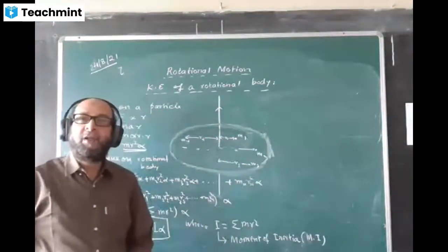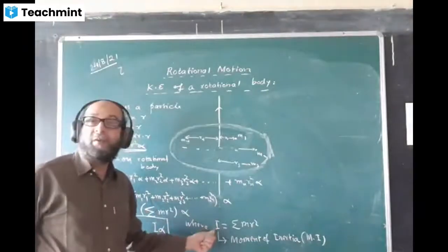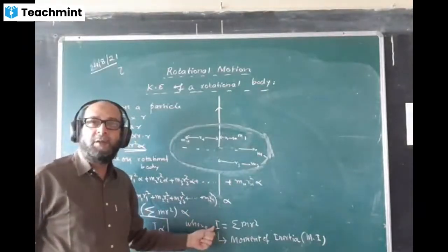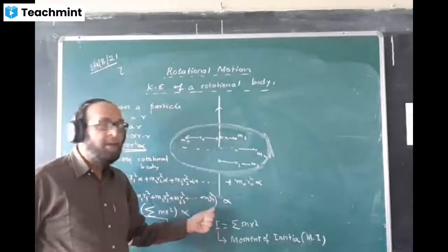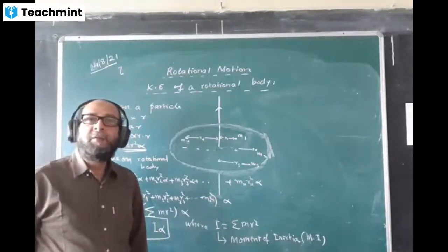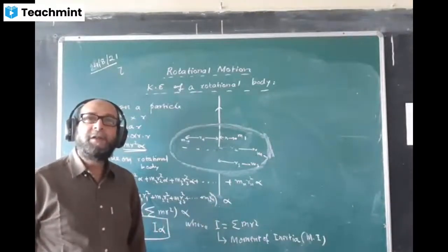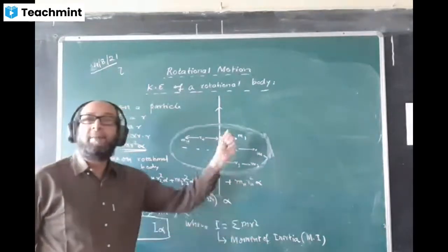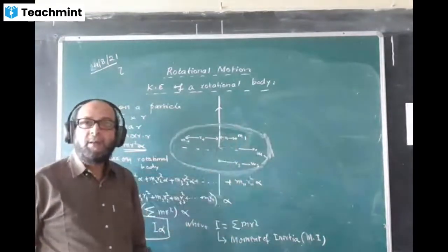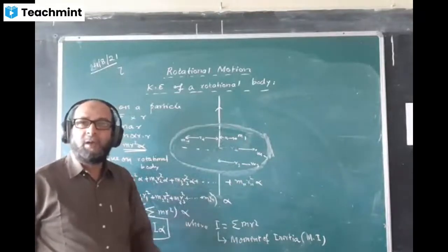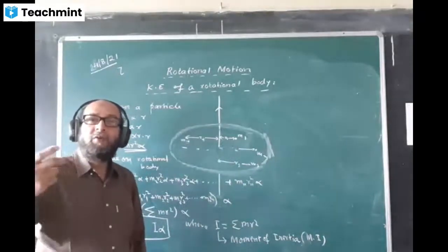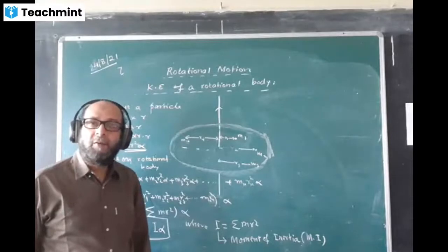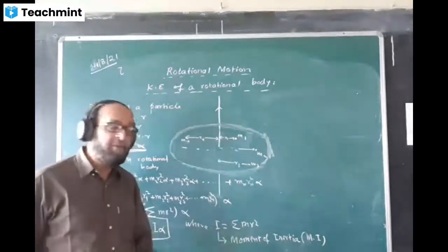And one thing I forgot to give: what is the SI unit of moment of inertia? The formula we know is mr square or mk square, sigma mr square. From this equation you can find out the unit.